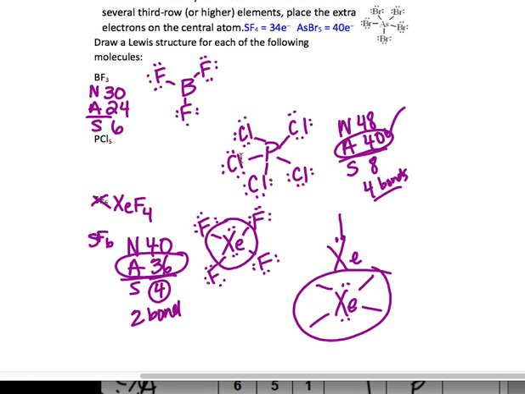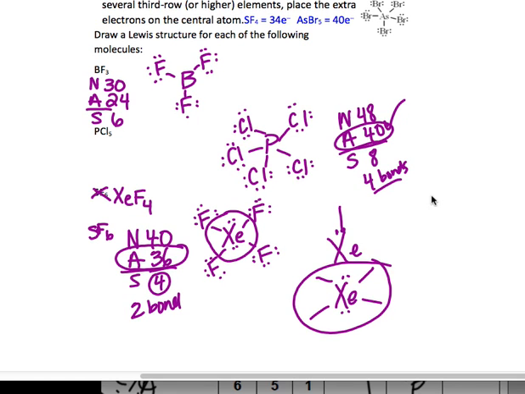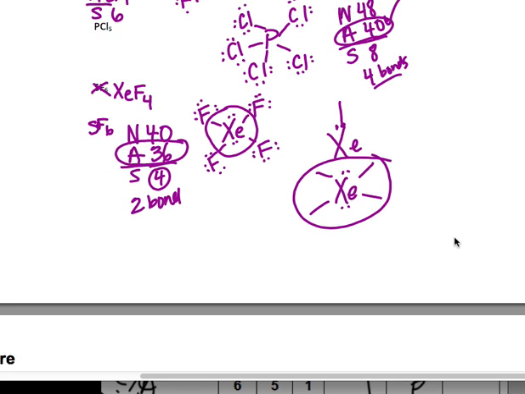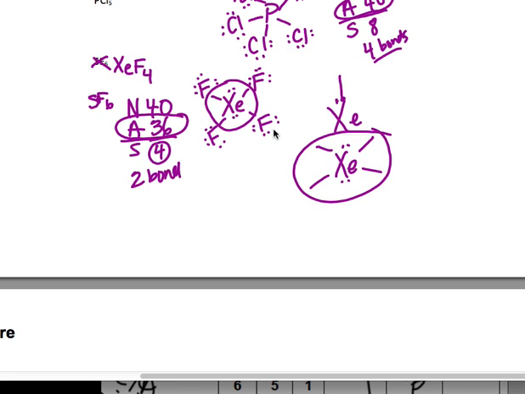How about PCl5? 5 areas. Trigonal bipyramidal. They're all bonded, so the shape is trigonal bipyramidal. What is the bond angle or angles? 90 and 120. And then polar or nonpolar? Nonpolar.